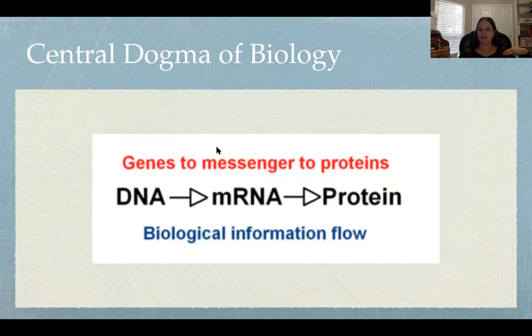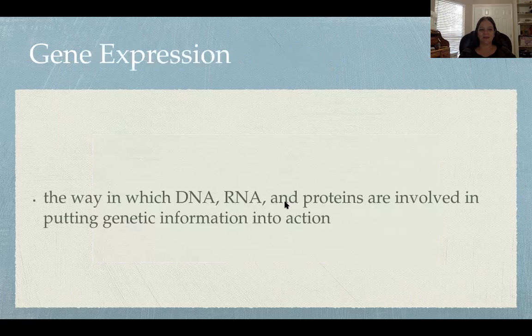So we go genes to messenger to protein. Okay, so that order is very specific. So we do DNA to mRNA. So this arrow is representing which process? Transcription. Okay, and then mRNA to protein is representing translation. Okay.